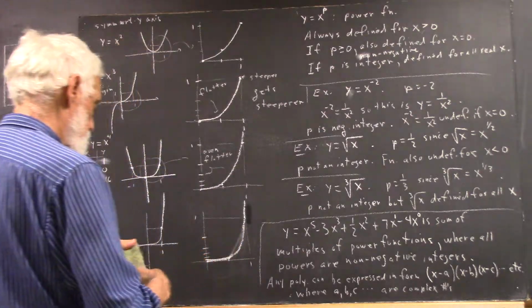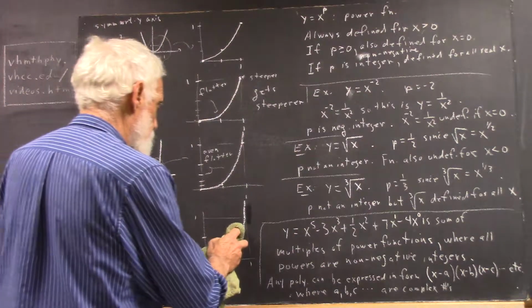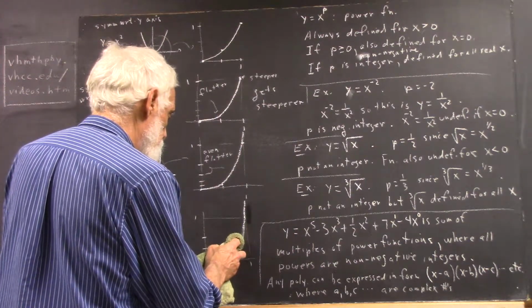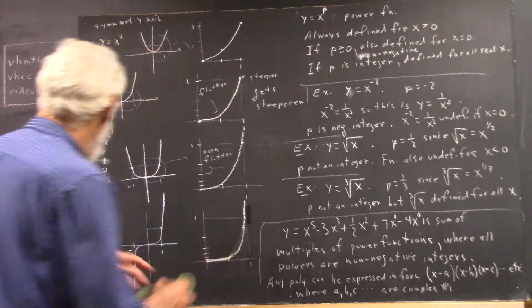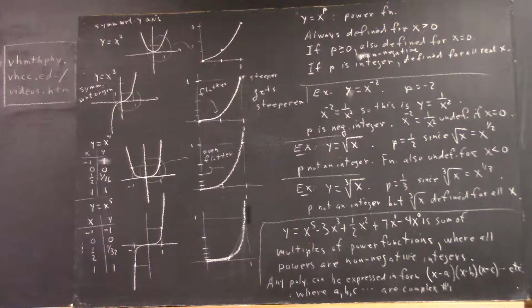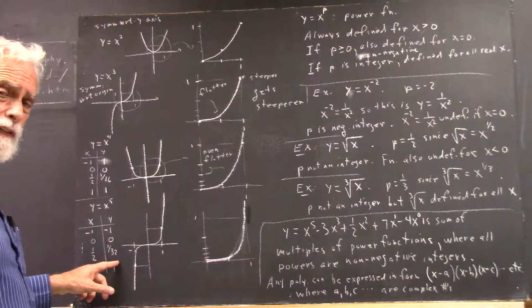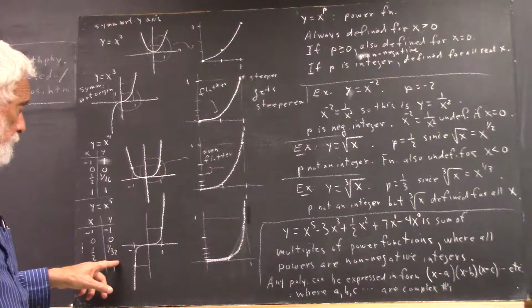Anyhow, two things happen. One is, of course, if we take the 5th power of a negative number, we're going to get a negative number. And if we take the 5th power of 1/2, we get 1/32.